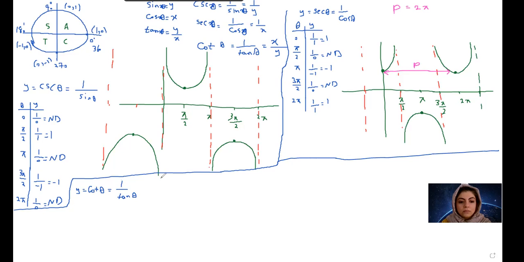Then we do the points, theta and y. Again, for 0 degrees, pi over 2, pi, 3 pi over 2, and 2 pi. Oh, I forgot pi here.